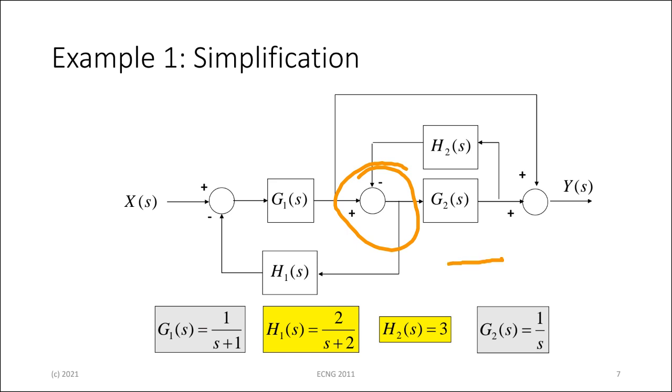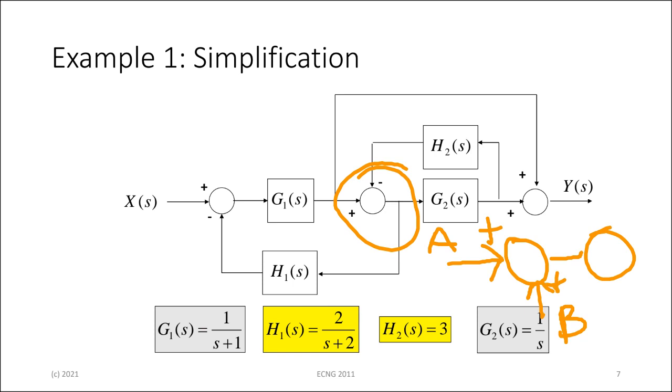So for a summing junction like this, you have A, you have B, this is plus, and let's say plus, and then you have C coming in.